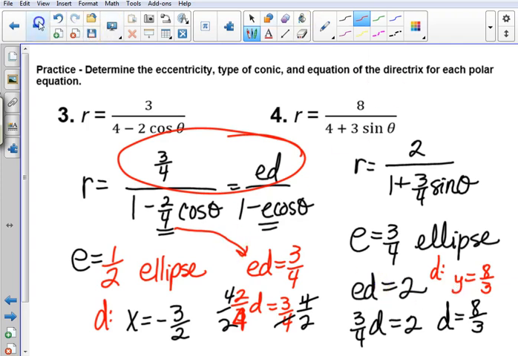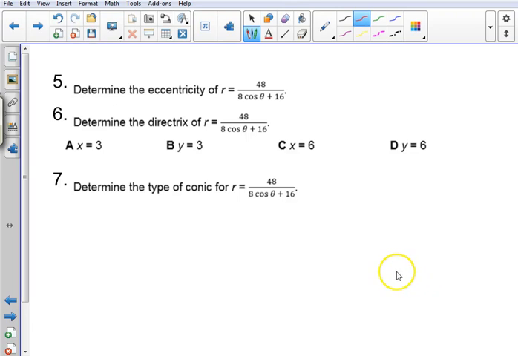All right, are there a couple more questions I should look at? Eccentricity for, oh, this is even written weird, isn't it? But we'd have to divide everything by what? 16. So 48 divided by 16, 16 divided by 16, 8 divided by 16. So the eccentricity would be 1/2.